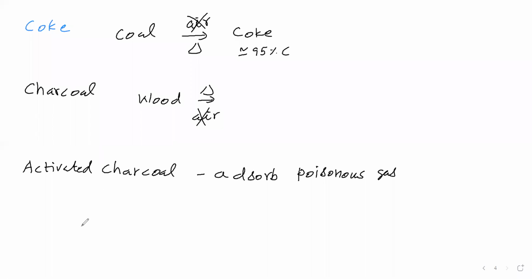Next amorphous form of carbon is carbon black. This carbon black, how to get? We will take hydrocarbons, that is, compounds containing carbon atoms and hydrogen atoms. To that we will pass a limited supply of air, and it is heated.